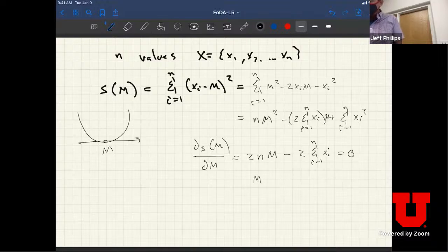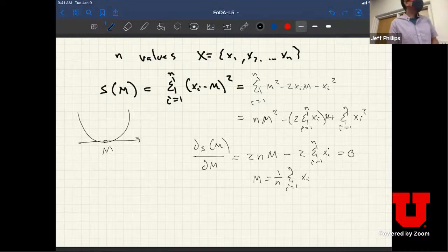I move one of those terms to the other side, divide by 2, divide by n, and I get m equals 1 over n times the sum of xi, right? So this is exactly the average. This is how you derive that the average is what minimizes the sum of squares.